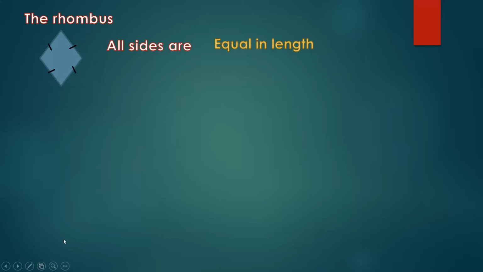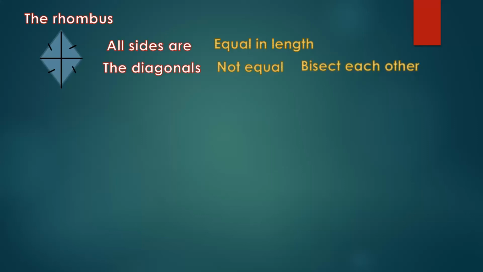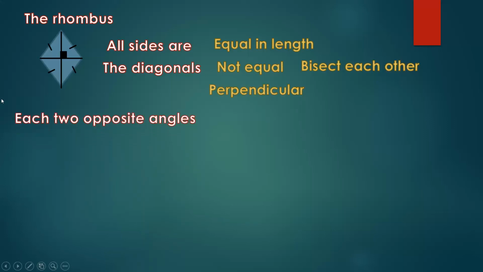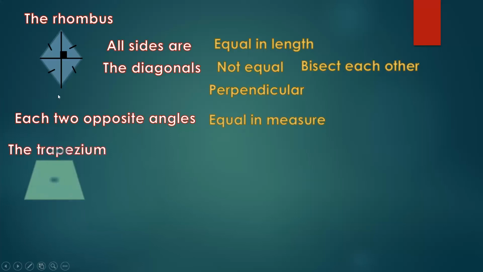The rhombus has all sides equal, like the square. The diagonals: we don't have a right angle, so are the diagonals equal? No, not equal. But the common property is that they bisect each other. We have equal sides, so the diagonals are perpendicular. Each two opposite angles are equal.